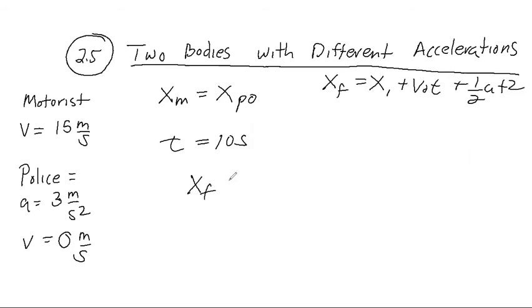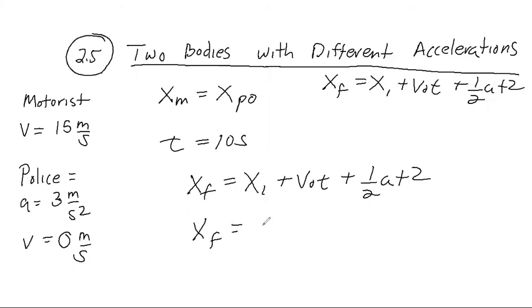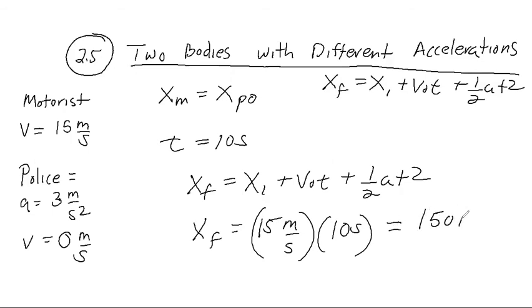X final equals X initial plus V naught T plus 1/2 A T squared. I'm solving for X final. My initial position is 0, my initial velocity is 15 meters per second, my time is 10 seconds from part A, and the motorist has no acceleration. So my final position is going to be 150 meters.